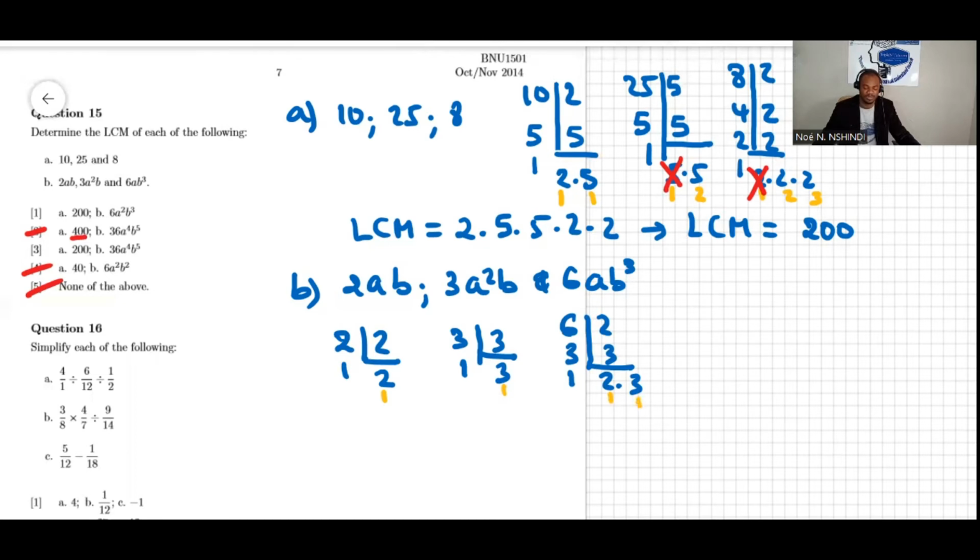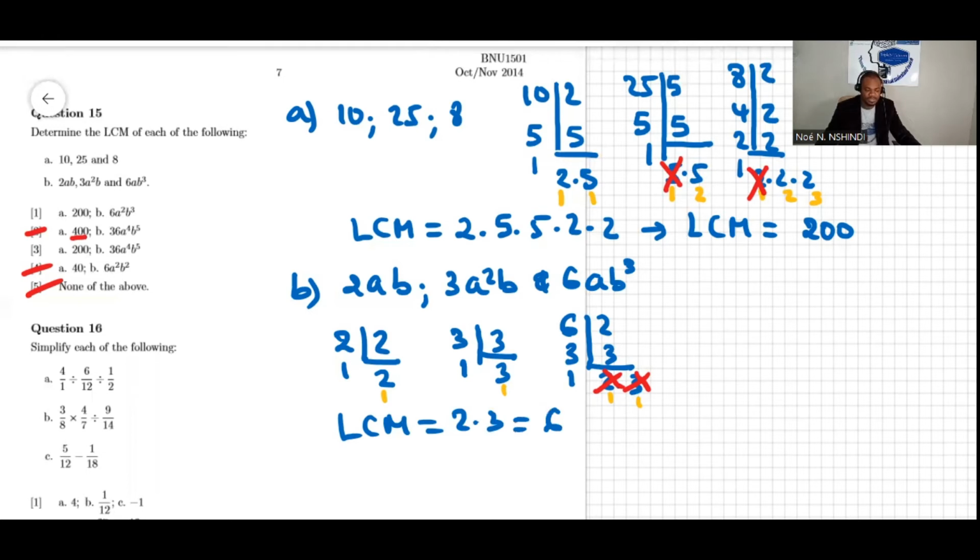Now we notice that 2^1 is already here, so I can't take this 2^1. 3^1 is already there, I cannot take this 3^1, so I can't take this and that. So the LCM of the constants here is already 2 times 3, which is 6. Okay.